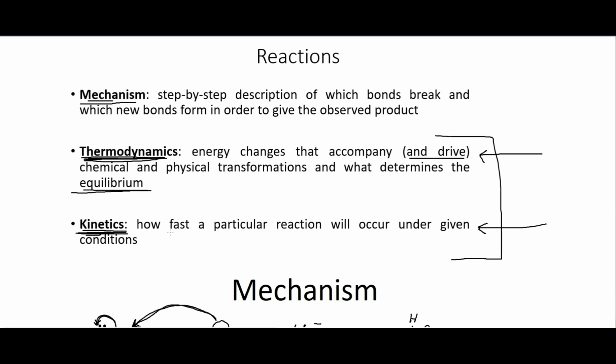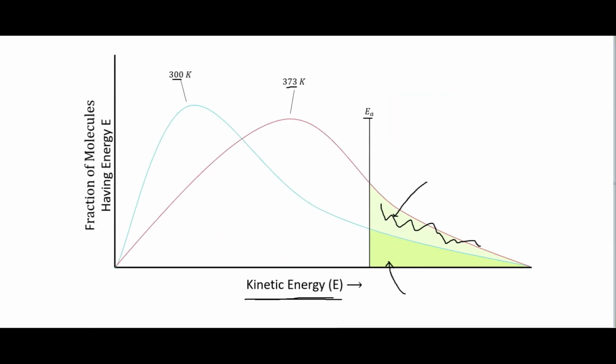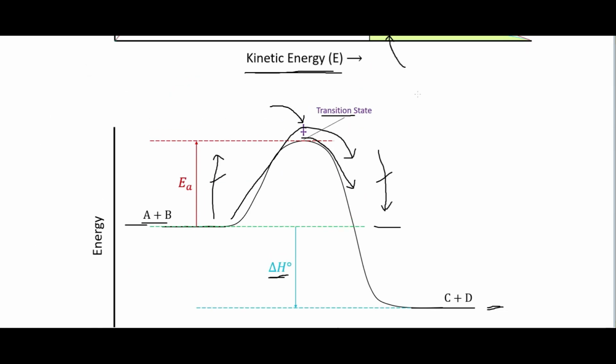And as we saw, that is a function of the activation energy and the temperature. It's also a function, as you would see in the rate law equation that I showed, of the concentration of the reactants as well. But for our purposes here, we were looking at the activation energy and the temperature. The activation energy, as we saw, is a function of the transition state, so how high the transition state is.